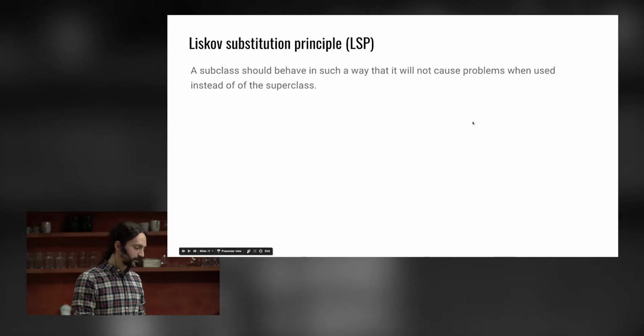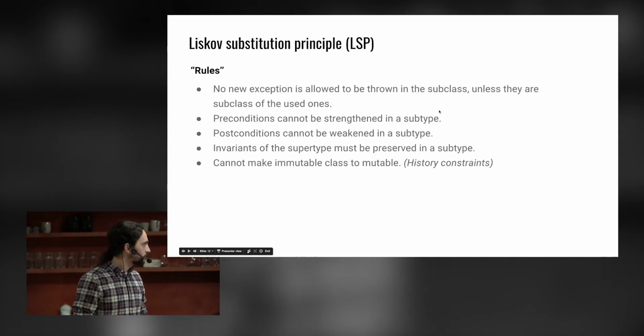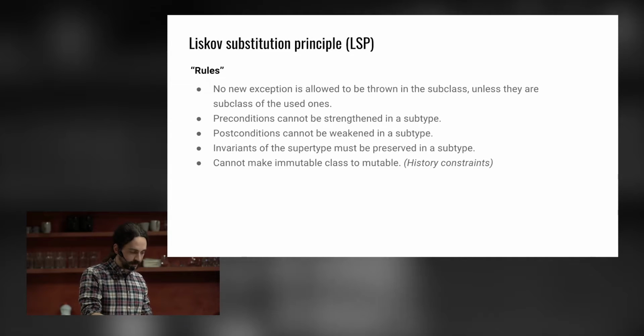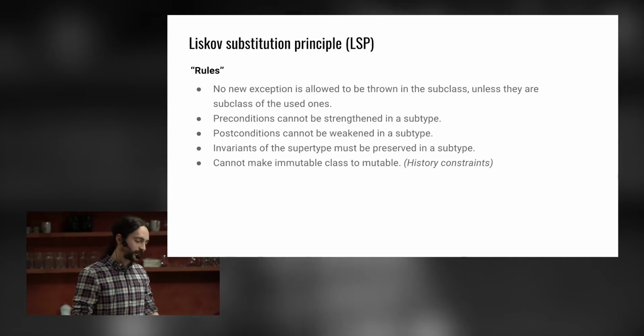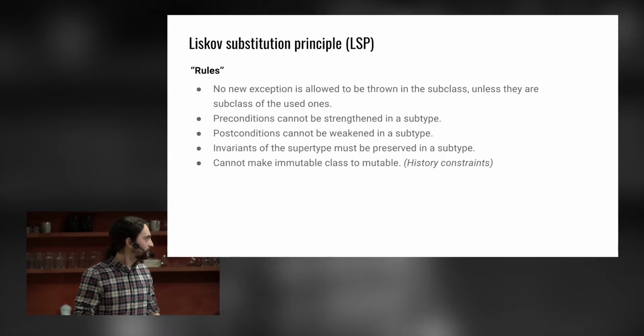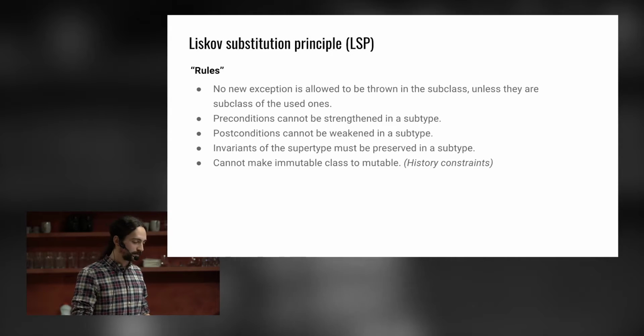And this is the only principle where we have some sort of rules. We shouldn't throw new exceptions in the subclass. We shouldn't expect more in the subclass than what is expected in the base class. For example, it's regarding the preconditions. So for example, you extend an integer class to make a natural number class, and you shouldn't expect that some of the values won't be negative.